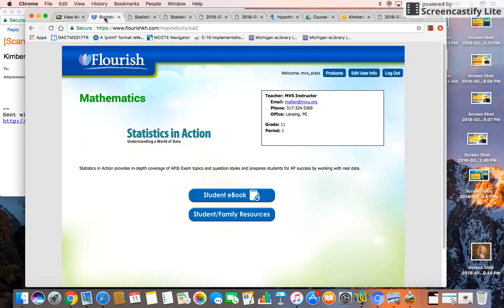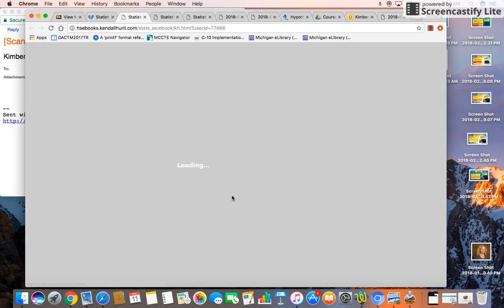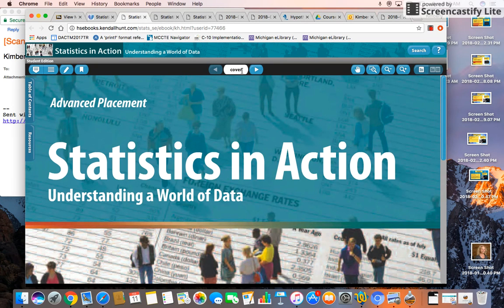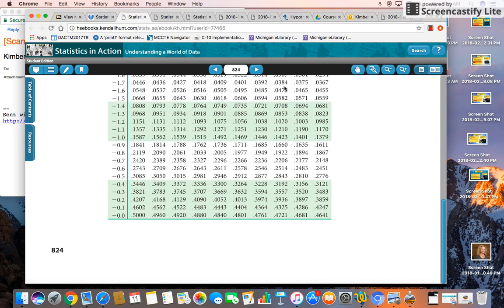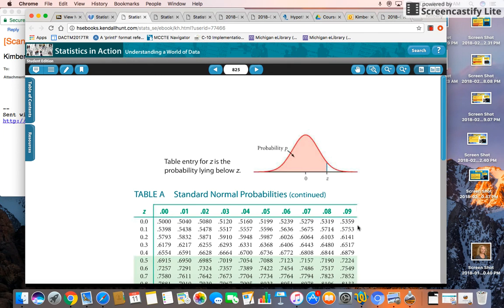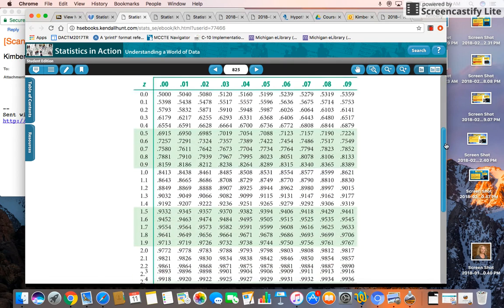So I'm going to go back to my statistics book, and I'm going to go to page 824, because that's what they told us to use. And I'm going to scroll through this table until I see a value of 0.94.